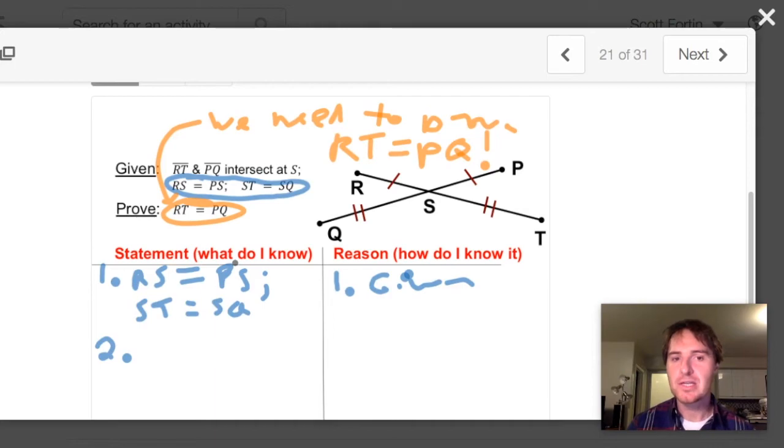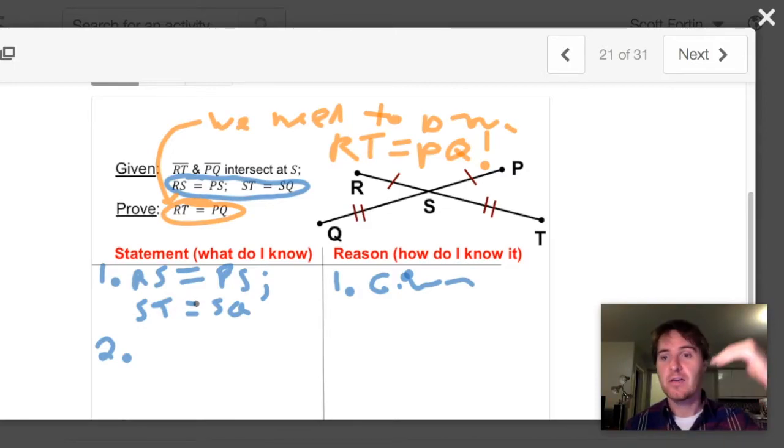So the question is, look at the given. Does the given say anything about RT or PQ? Is RT or PQ in the proof yet? Because if it were an equation, we could maybe manipulate it and get to RT equals PQ. Have we said anything about RT or PQ yet? No, we haven't.